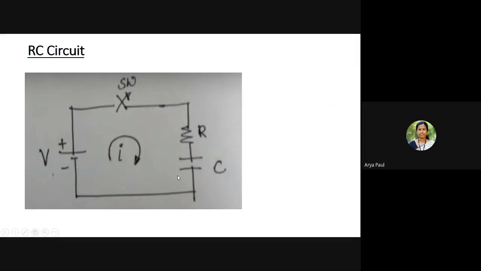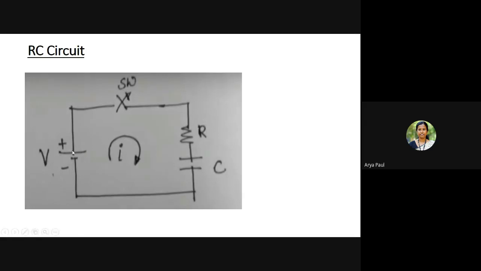The capacitor will get fully charged. So what happens to the current? The current through the circuit will gradually decrease. Why is it decreasing? Because the voltage across the capacitor is gradually increasing.